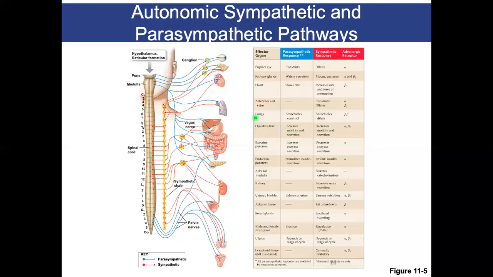Take a look at the lungs. So lungs, the sympathetic nervous system causes the bronchioles to dilate via beta 2 adrenergic receptors. And the parasympathetic causes the bronchioles to constrict. So let's go over an example of anaphylactic shock. Let's say you eat some peanuts and you're allergic to them.